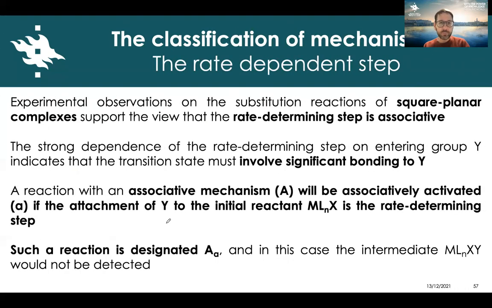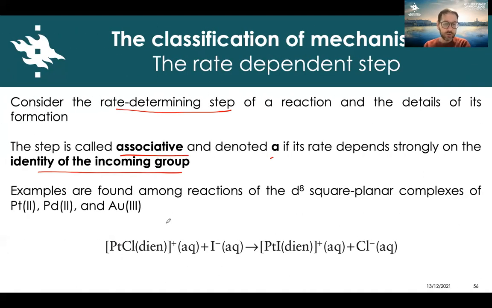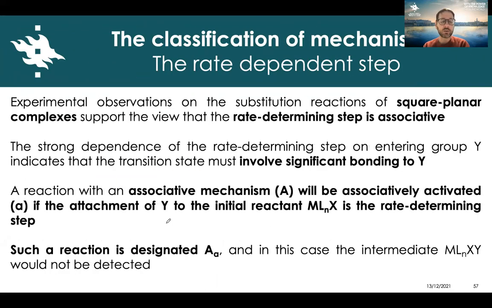This associative rate determining step is very common for octahedral complexes, because this allows for the formation of an intermediate with a higher coordination number. Evidence for this is the strong influence of the nature of the entering group on the rate of the reaction.